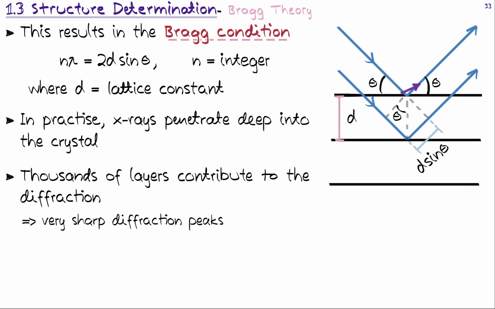This is the physical reality that happens in experiments. But in a way, it's an advantage, because the more sensitive the measurements, the more accurately one can estimate the lattice constant d.